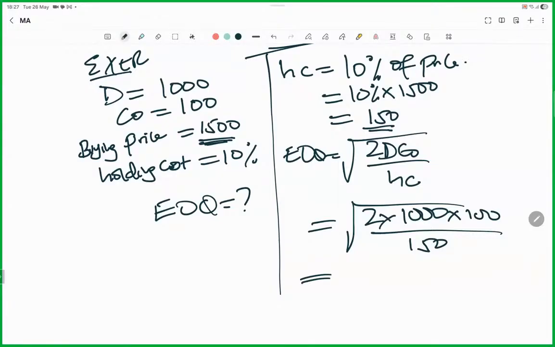Do your calculation: first inside brackets, 2 times 1,000 times 100, divide by 150, then take the square root, which will give us 36.51 or 36.52 units. Next, EOQ with quantity discounts.